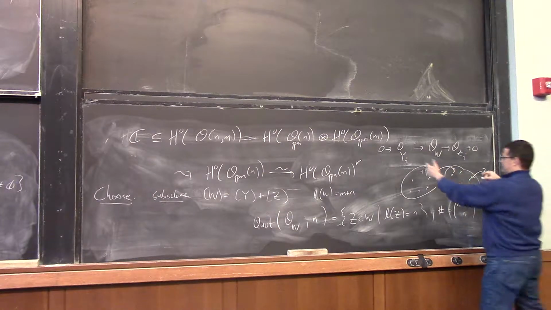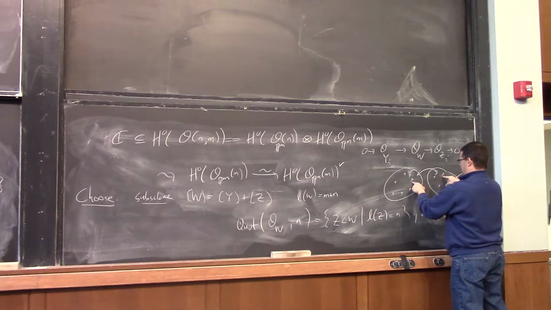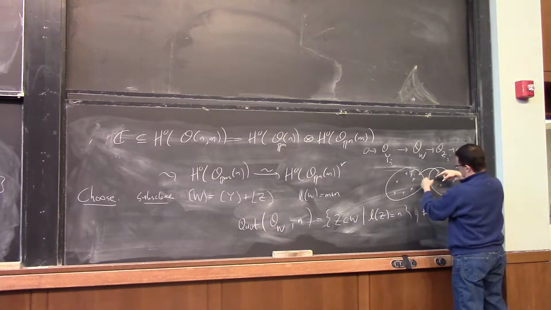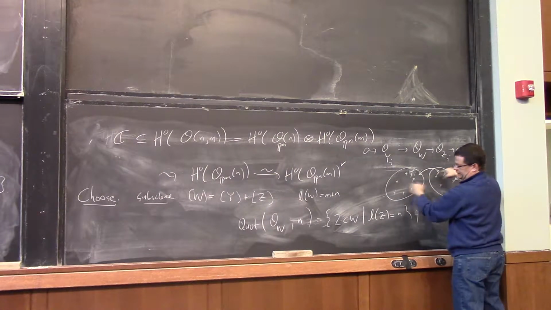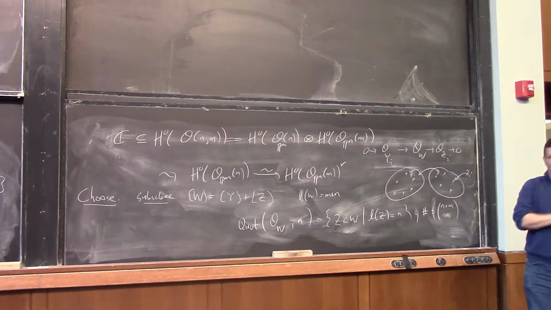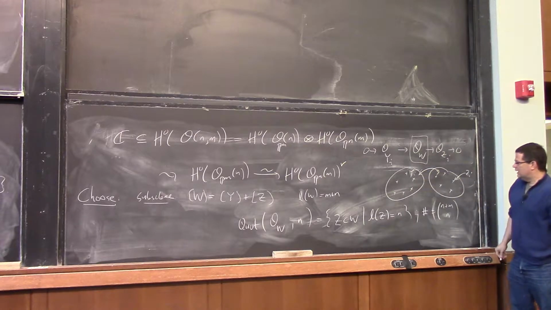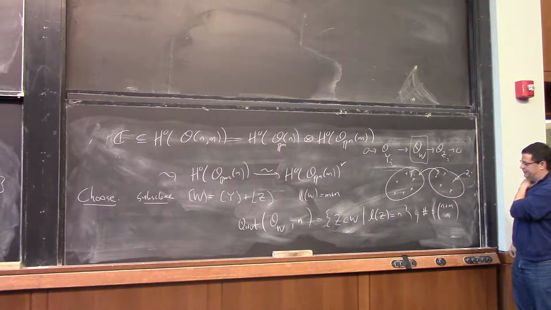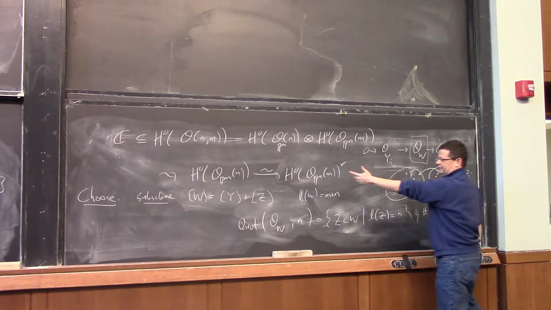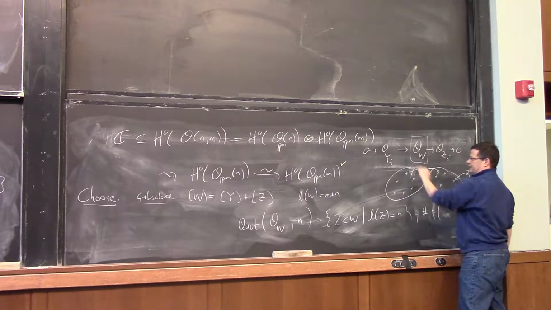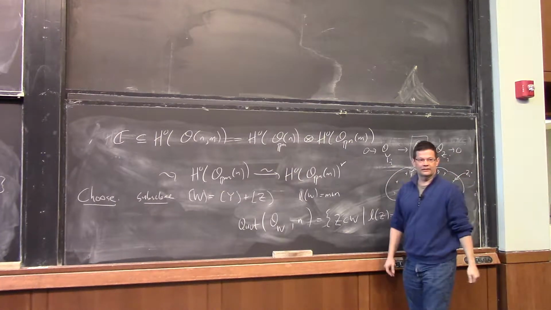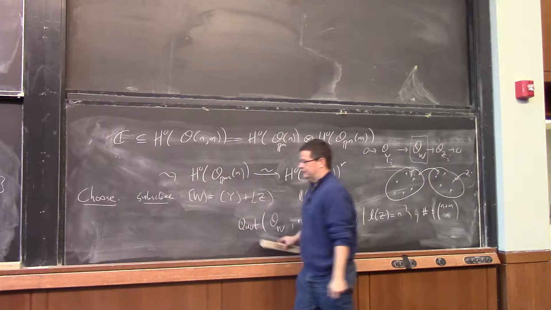So this Y_i pairs with this Z_i, and the sections pair non-trivially with it and trivially with all the others. So this choice of this W, sort of general W, actually gives us more information than just knowing that these vector spaces are dual. It gives us a dual basis by choosing the quotients.